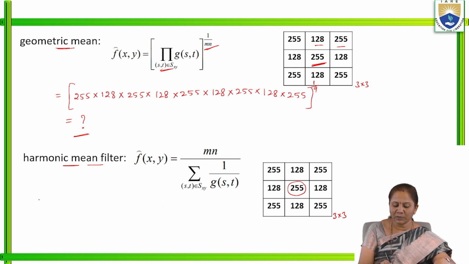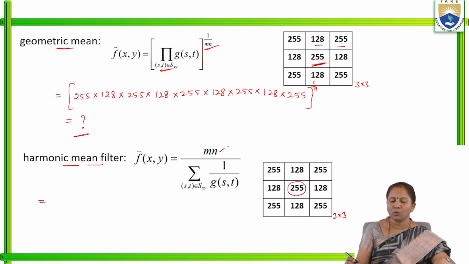Now if you apply this formula, here mn represents rows and columns, so 3 by 3. So the value will be 9 by the summation, where each term is 1 by the coefficient.